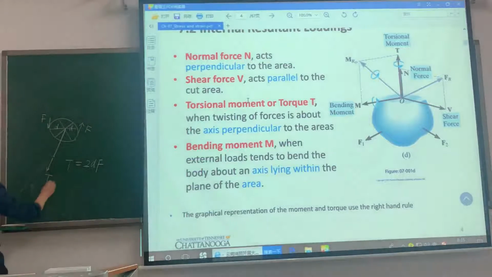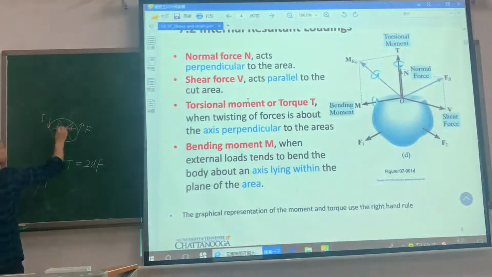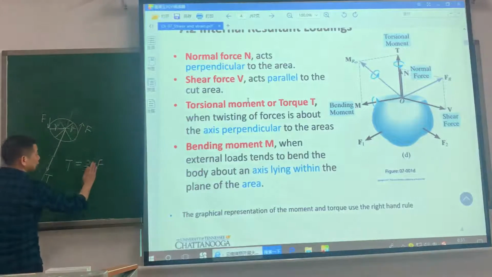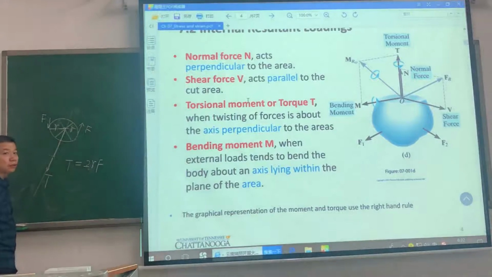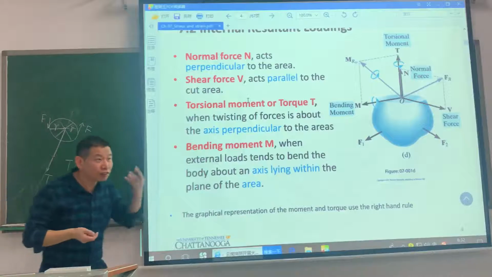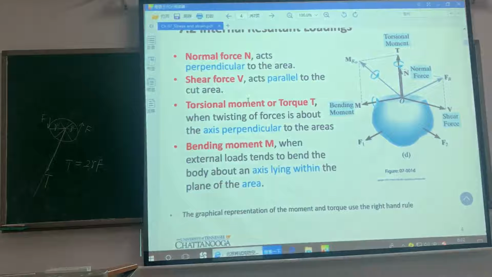Because it's the length, the distance is d. We can also use the radius. This is the top. Can you imagine the deformation of the rod?